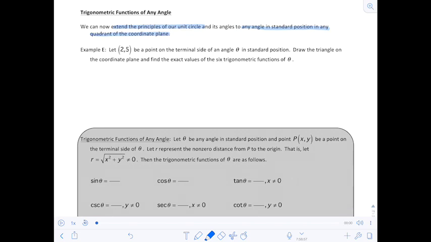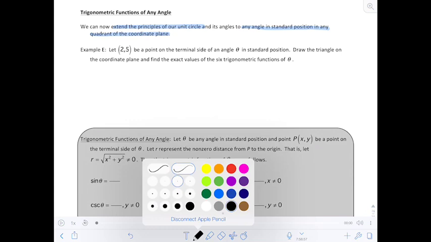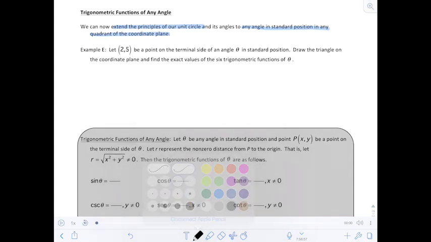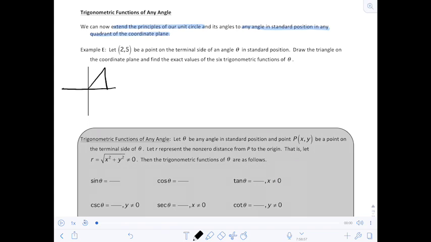So we're going to let (2, 5) be a point on the terminal side of an angle theta. So let's draw this. Positive 2, positive 5 is going to be in the first quadrant. So we're going to draw this theta. (2, 5), there's theta.